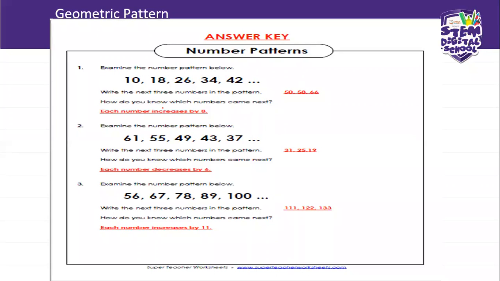That's why I said each pattern has its own particular rule. And if you got them right, it is amazing. If you got them right, beautiful. Are there any questions? It means that you guys understand patterns and rules.